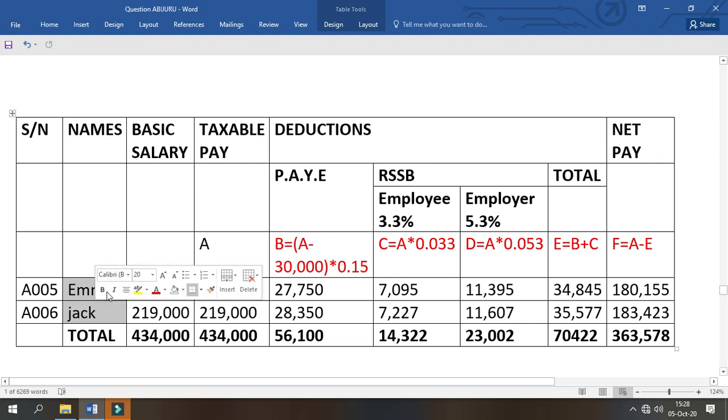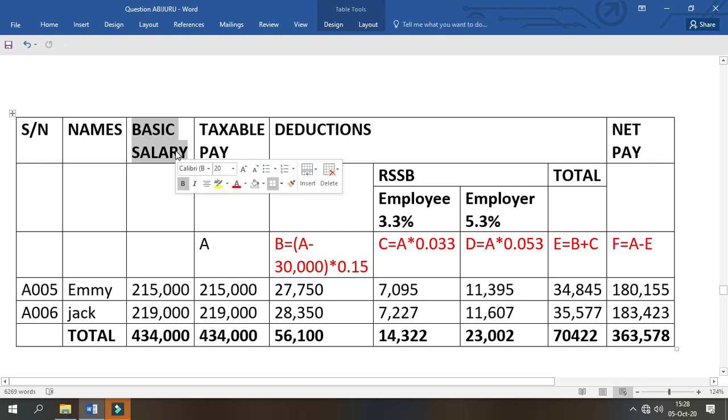The basic salary for Amy is 215,000, and for Jake is 219,000. The taxable pay is equal to the basic salary for each casual laborer.